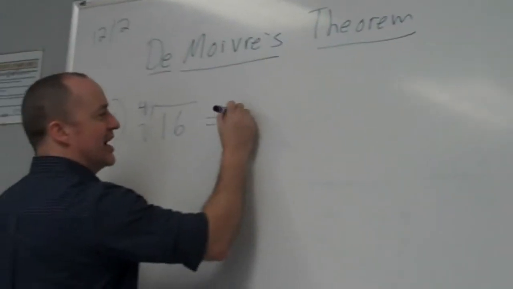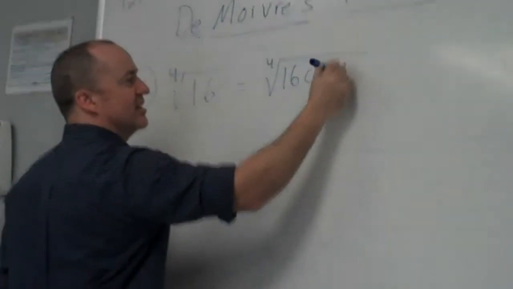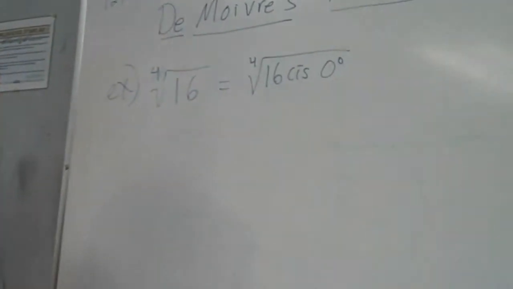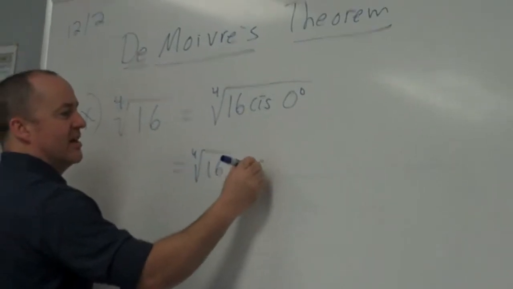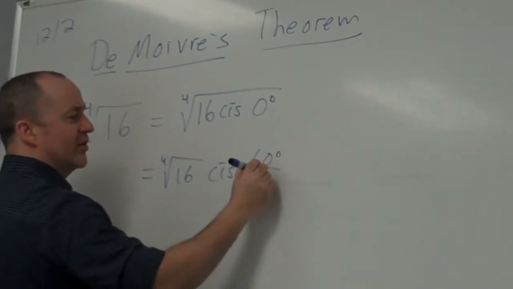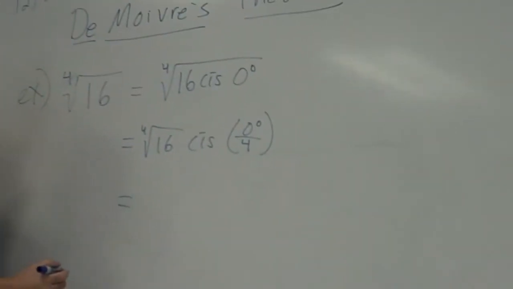What we're doing is finding the fourth root of 16 cis 0. So this is the fourth root of 16 cis 0 over 4. Wait, why is it 16?